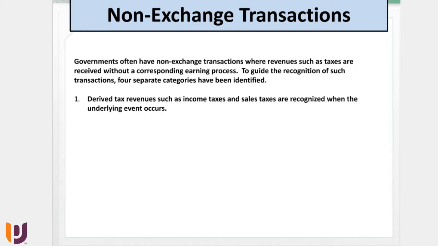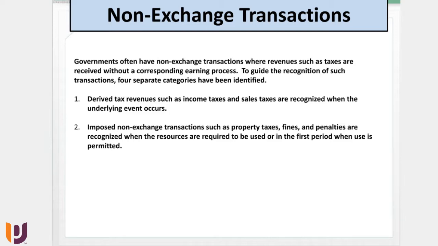One, derived tax revenues, such as income taxes and sales taxes, are recognized when the underlying event occurs. Two, imposed non-exchange transactions, such as property taxes, fines, and penalties, are recognized when the resources are required to be used or in the first period when use is permitted.